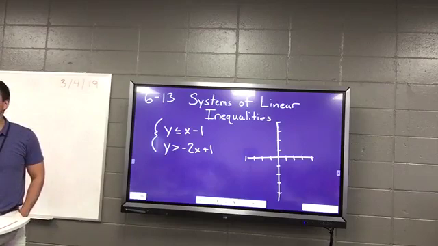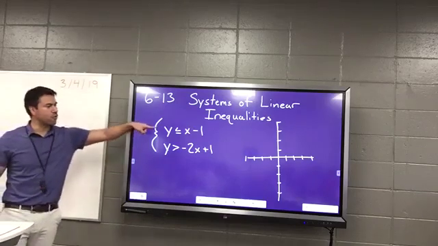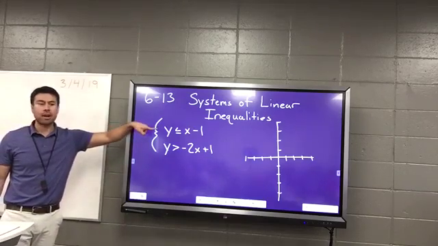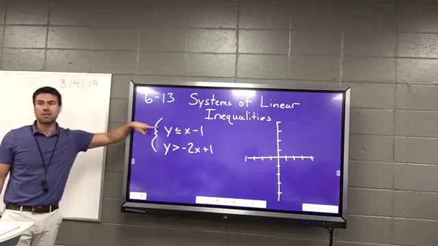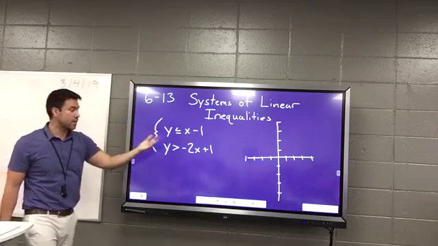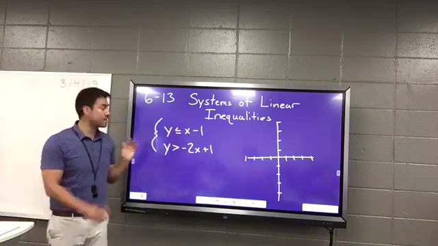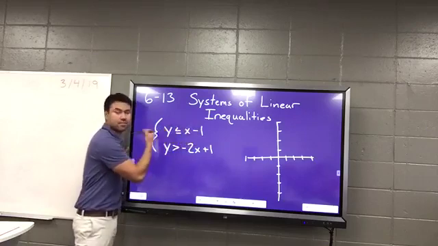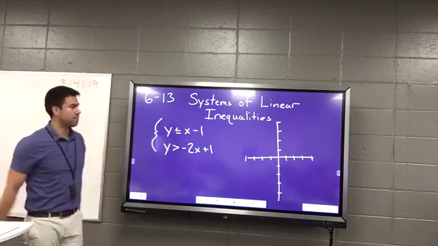Okay, let's see. Sophie, I'm looking at the first inequality. Do you remember how to start this graph for the first one? So where would I start? You're thinking maybe bring x over here, but it's already in the correct format. So where do you start your actual graph?